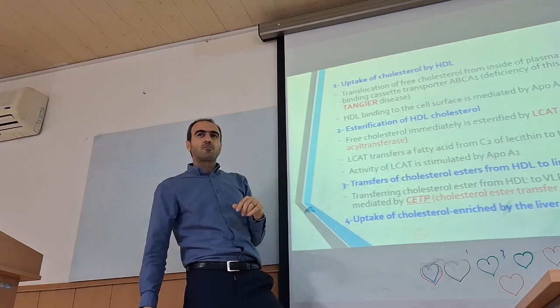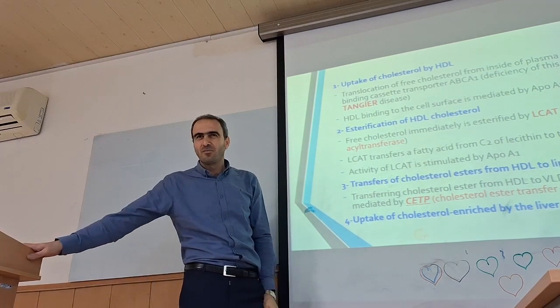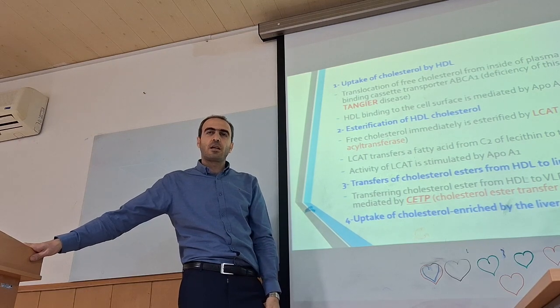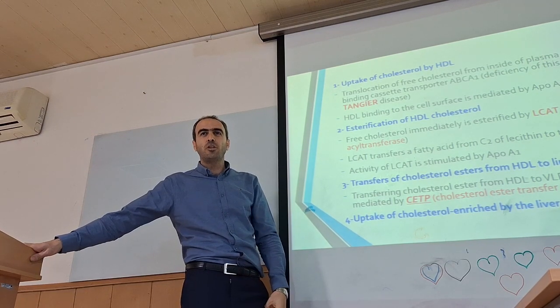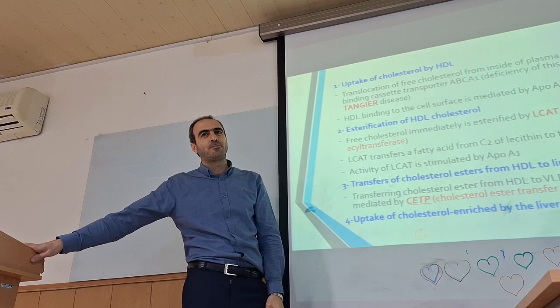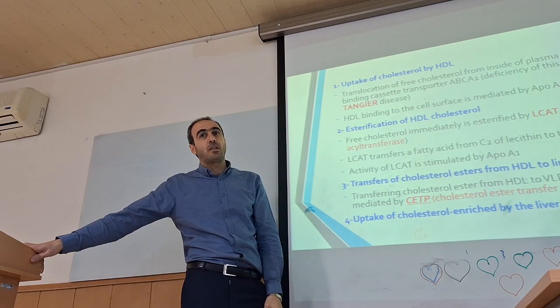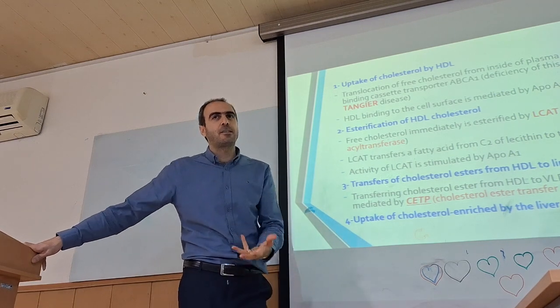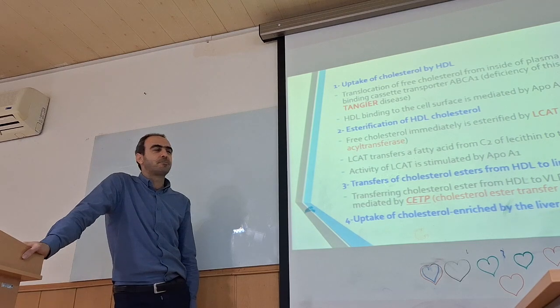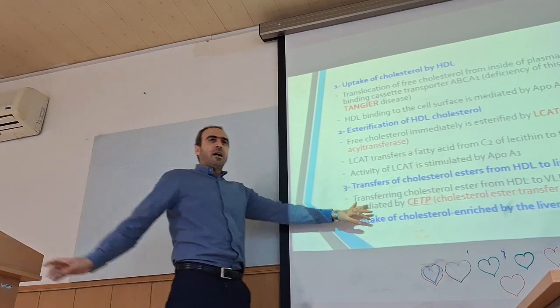So ApoA1 stimulates LCAT to cut the fatty acid. Without A1, this enzyme cannot do that. A1 just stimulates; it's not the one that actually cuts. LCAT does that, LCAT is the enzyme, but A1 is necessary for activation of LCAT.